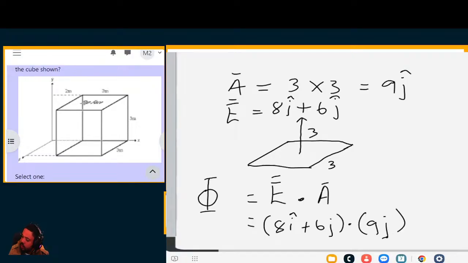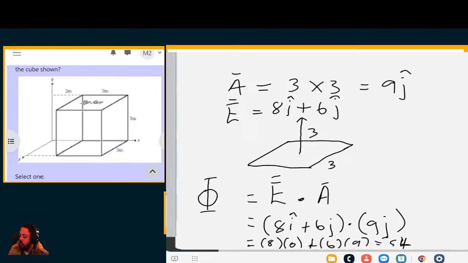Now you know that when you get a dot product, you multiply individual i hats and individual j hats. The i hat here is 8. The i hat on the other side is 0, so that's why we don't write it. Plus 6 j hat multiplied by 9 j hat, so it's 6 multiplied by 9, and that gives me 54.